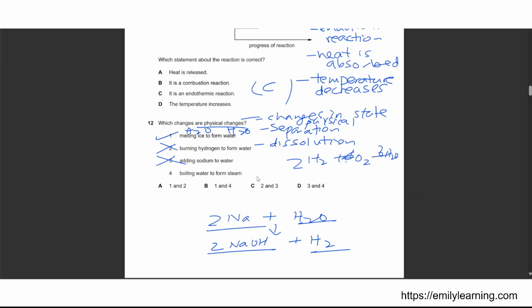Next, boiling water to form steam. When you boil water to form steam, the water changes from liquid state to gaseous state, but it is still H2O. So this is a physical change. Basically phase changes, like your melting, boiling, condensation, evaporation, and freezing, are all physical changes. So 1 and 4 are physical changes. So the answer for 12 is B.